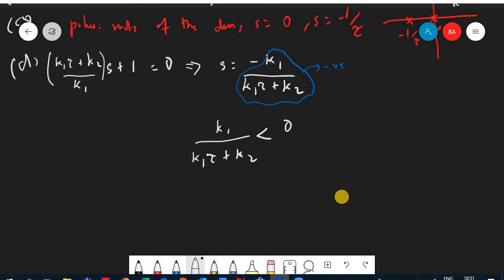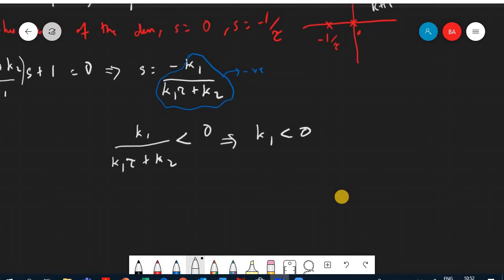And based on that, what will happen? I'm going to have that to be positive. So the condition that I'm going to drop out here is that K1 is less than 0, and the denominator, which is K1 tau plus K2, is greater than 0.